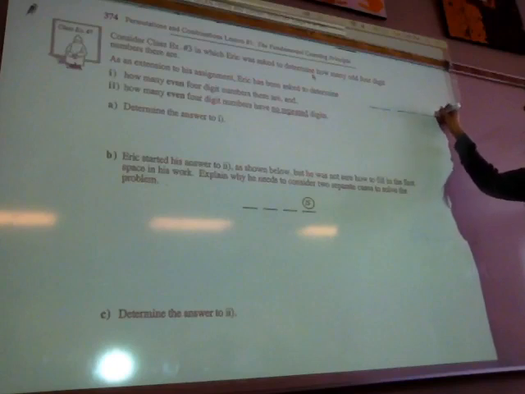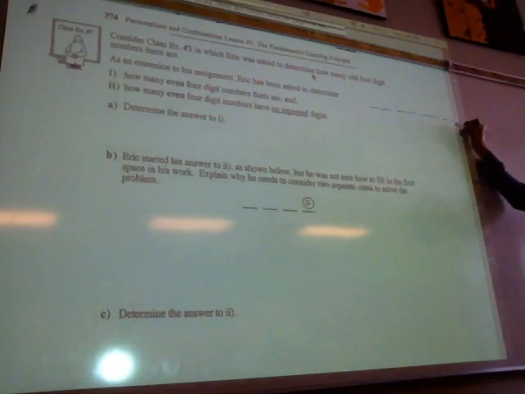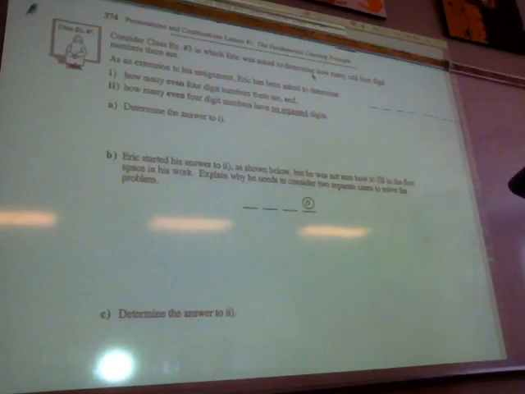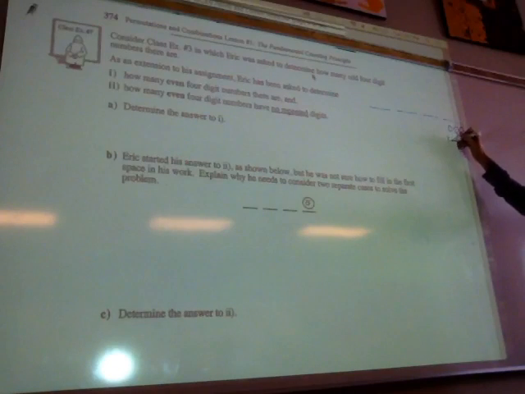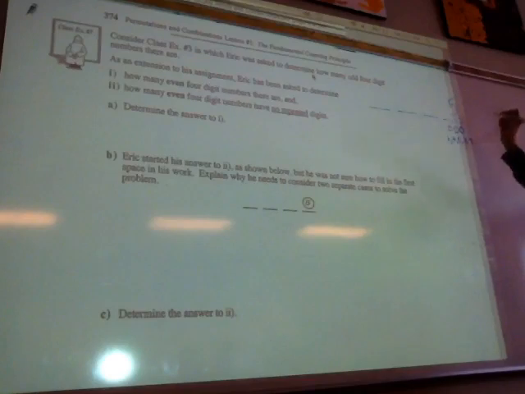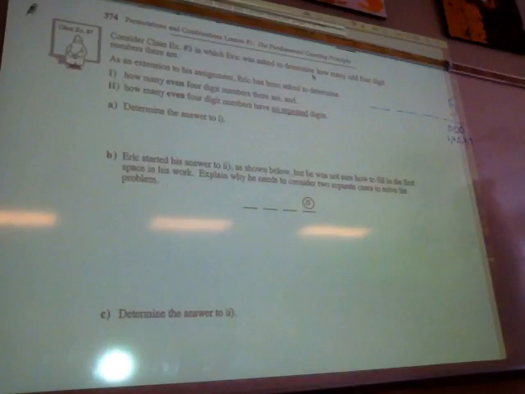So maybe just to refresh your memory, if we were looking at odd 4-digit numbers, there's 4 digits. How many possibilities for our last digit would there be if we were looking at an odd number? Okay, we have the possibility of ending with 1, 3, 5, 7, or 9. So there's 5 options for it to be an odd number.